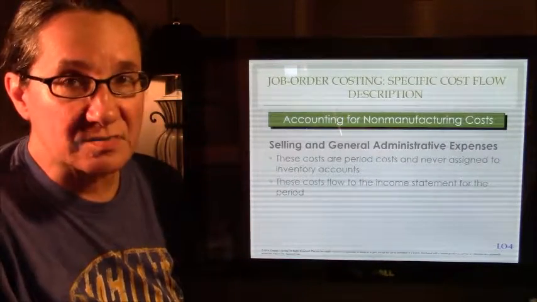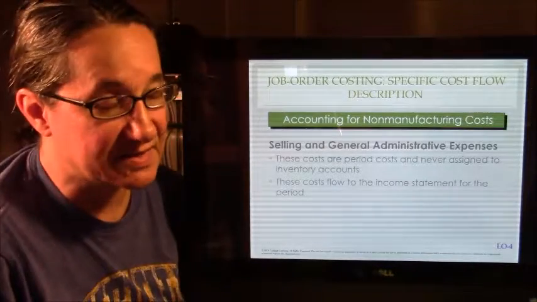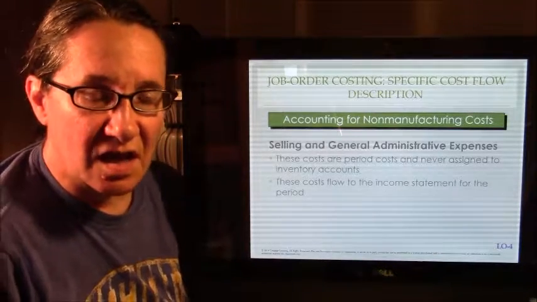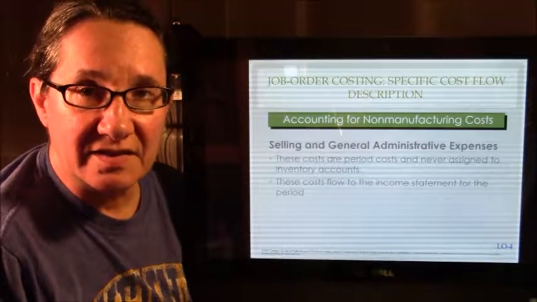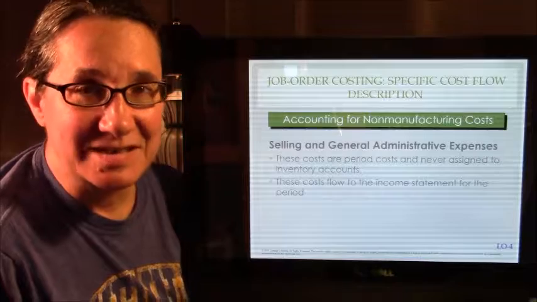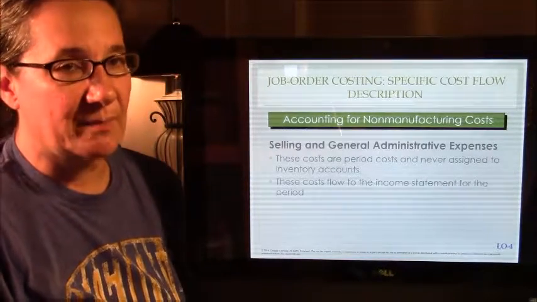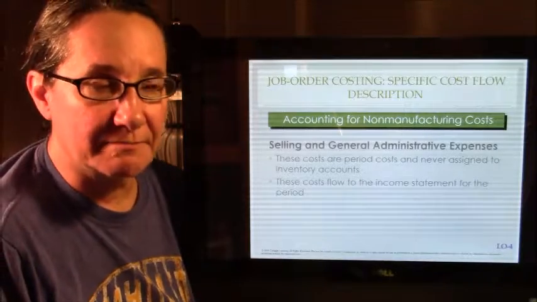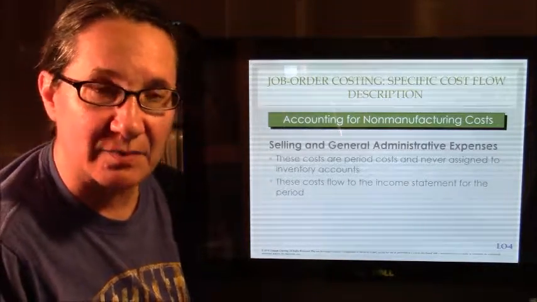Not all expenses, or I guess I should say costs, but in this case we're talking about expenses, become part of the cost of goods sold, right? So not everything is overhead, right? Some things are selling expenses, some things are administrative expenses, but we need to recognize those. They need to be on the income statement.